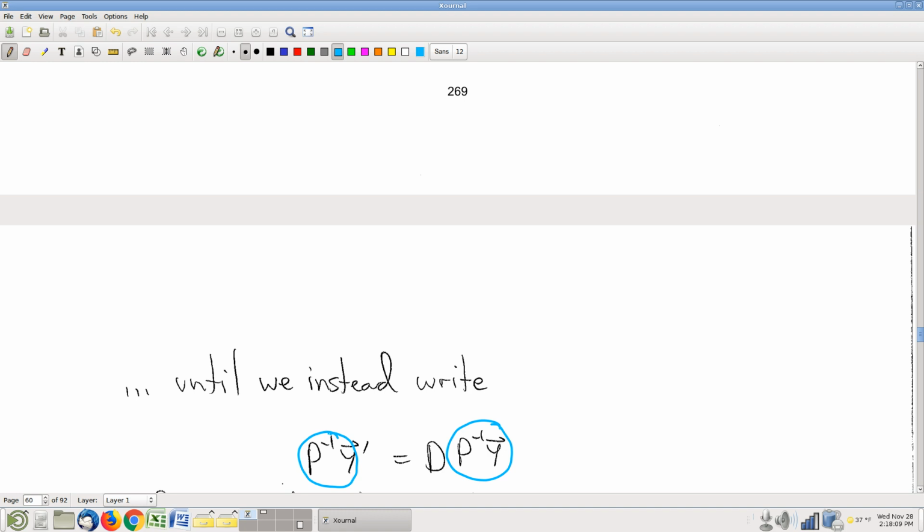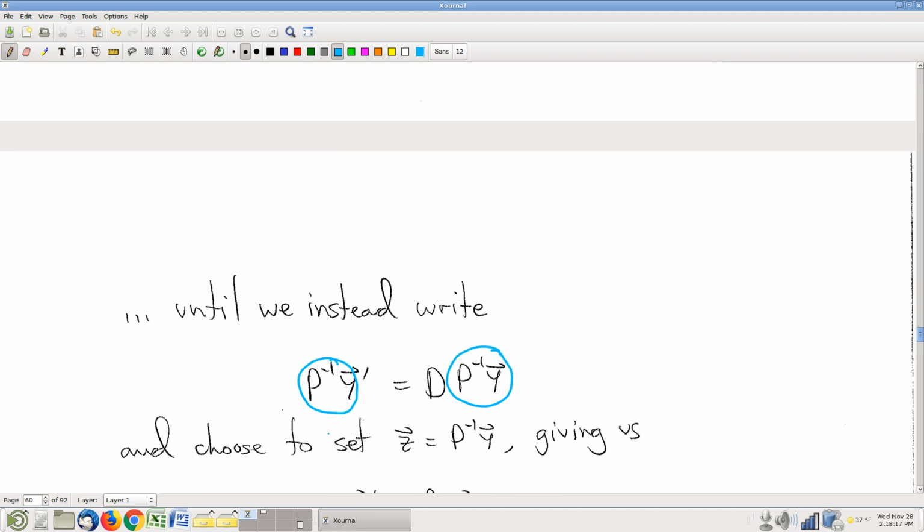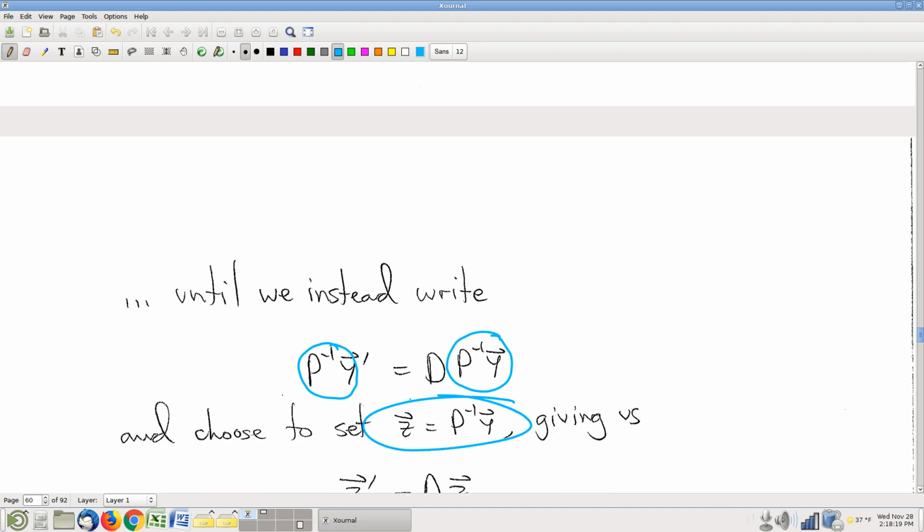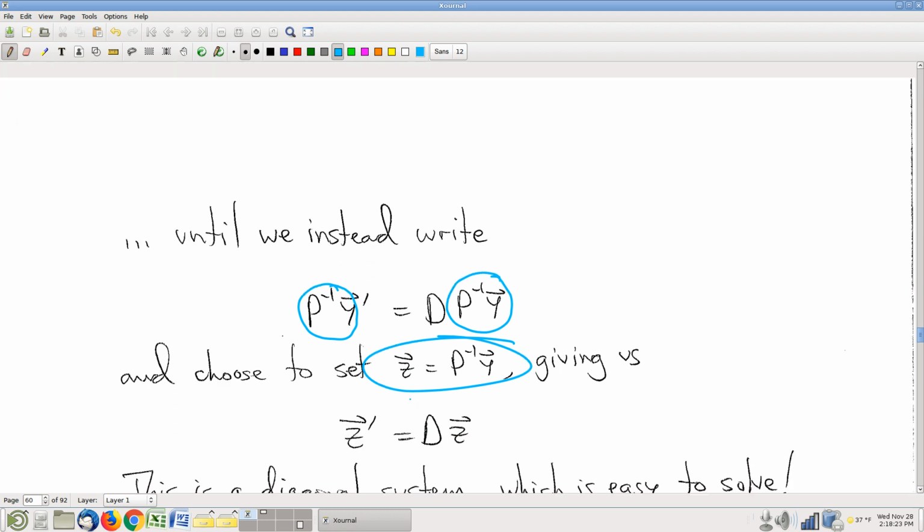P inverse y prime is equal to D times P inverse y. So since P inverse y is in some sense what we're working with, let's just call it z. Then the whole system rewrites like this. Then you get just z prime equals Dz. This is a new system of equations. It's just a good old change of variables, really. It's kind of like a substitution in a calculus problem, right?